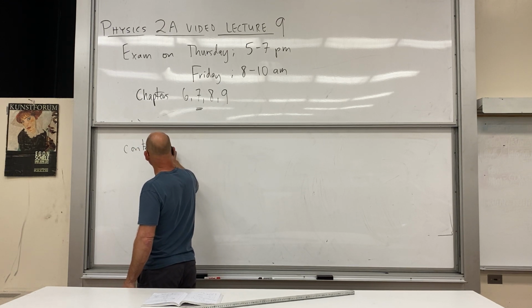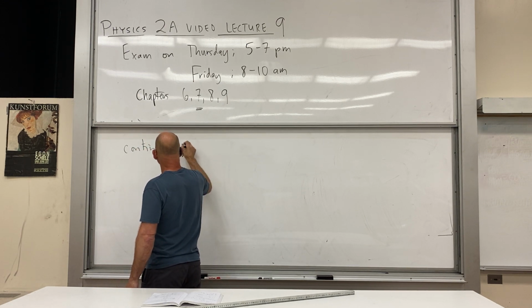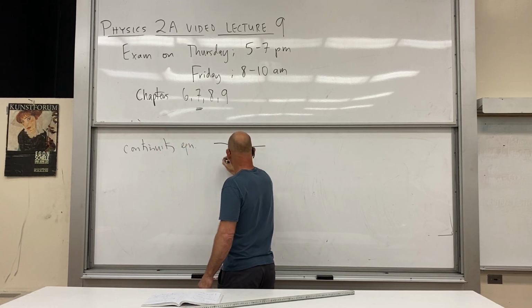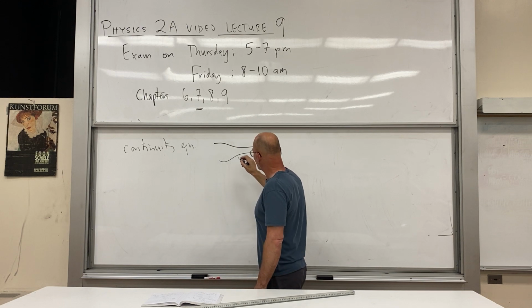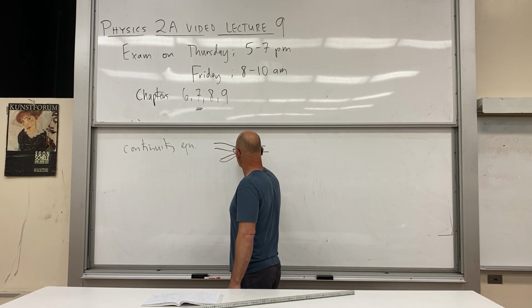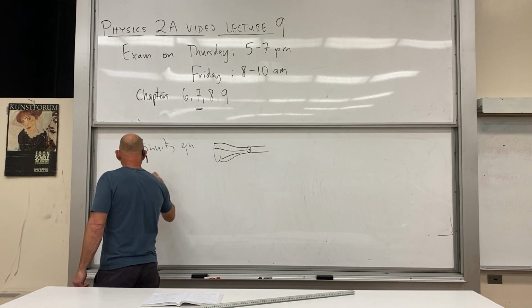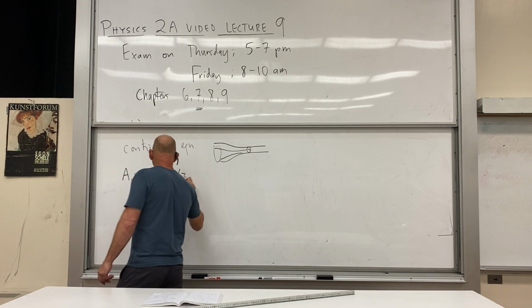So, the continuity equation. That was the streamline idea. You've got nozzles, different cross-sectional areas. So there we had A1 v1 equals A2 v2.